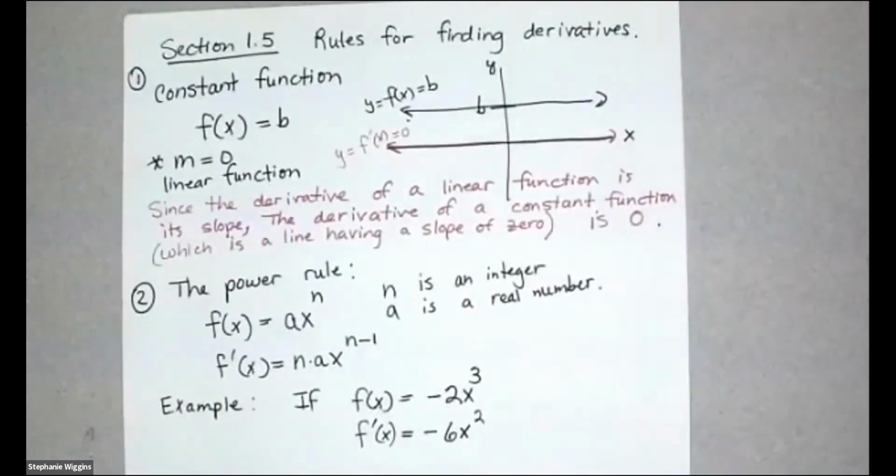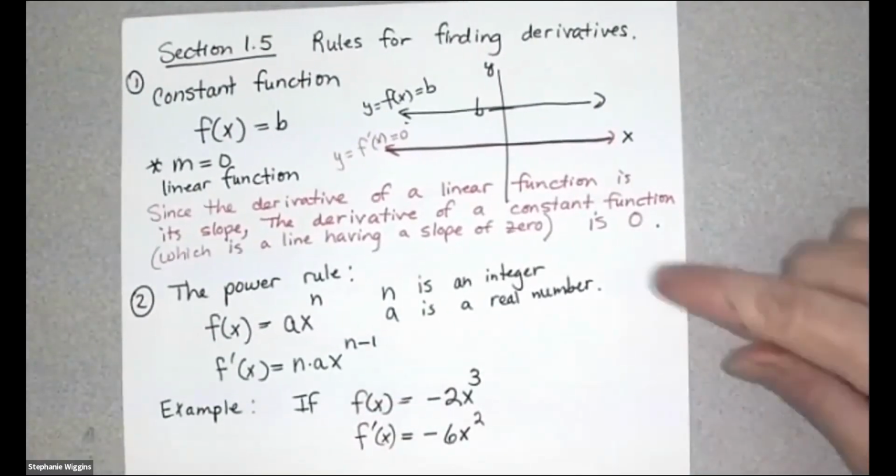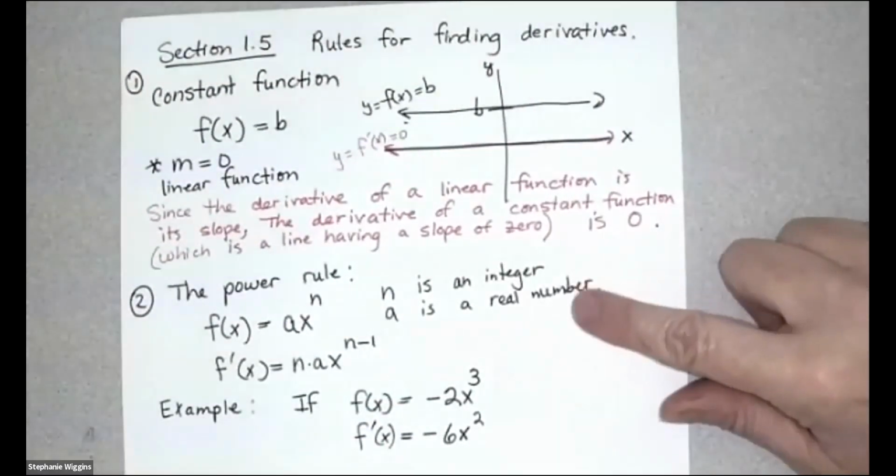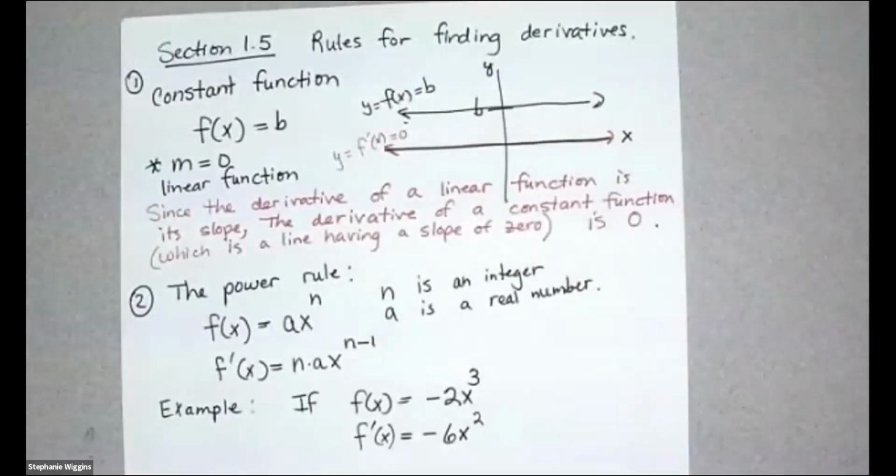We don't have to go back to the definition every time. Same thing here. Now, I'm not going to be able to prove this to you. That's beyond the level of this course, but we can just accept that as a valid way of calculating the derivative.